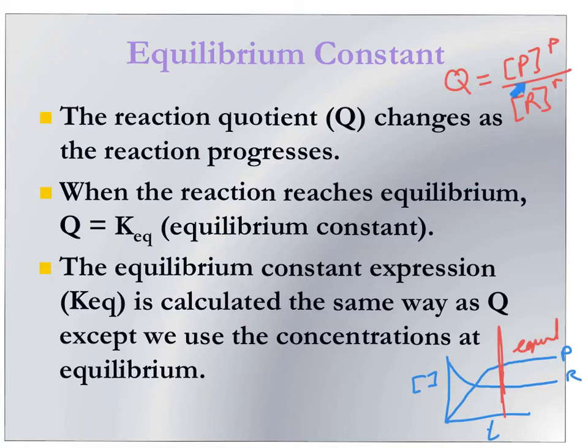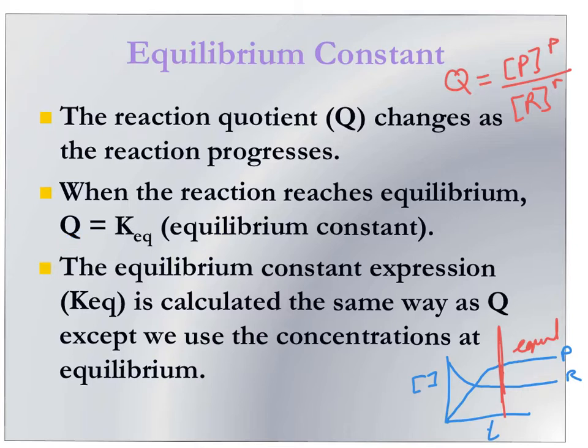And so it gets a special name. We call it the equilibrium constant. And instead of calling it Q, we call it KEQ. In chemistry, we use K to represent a constant, and EQ stands for equilibrium. So this is the equilibrium constant. So the equilibrium constant K, or KEQ, is a special Q. It is Q when you're at equilibrium.